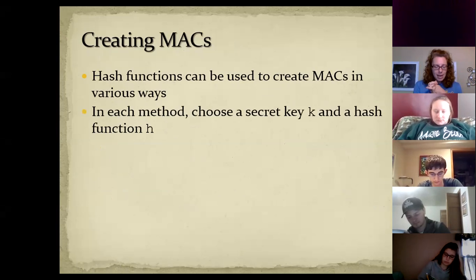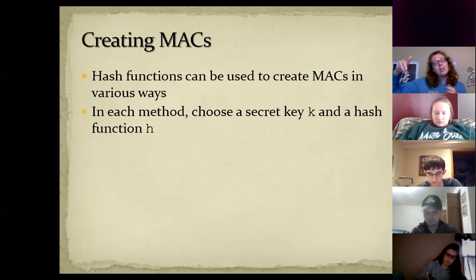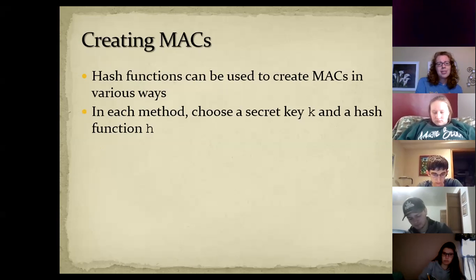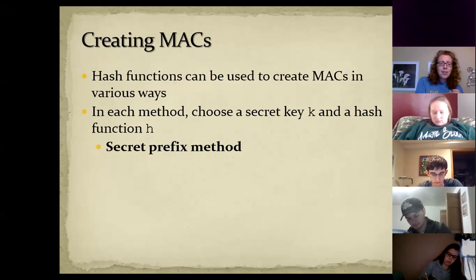So for each of these methods, we have to pick a secret key. And then we're going to assume that we're starting with a hash value H. Okay, so we're adding the secret key, and then we have to kind of revamp our hash function a little bit to incorporate the secret key. There's something called the secret prefix method.